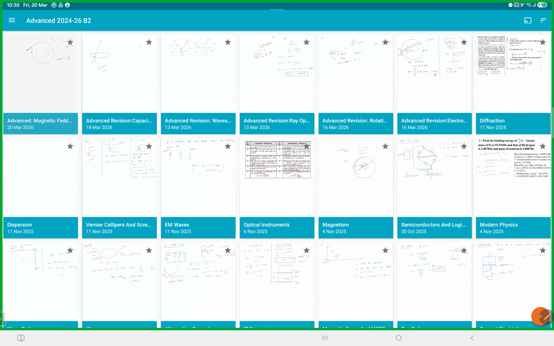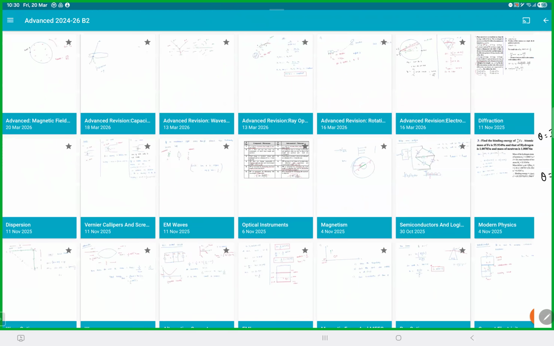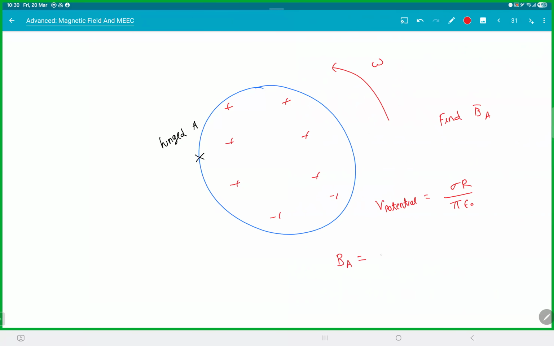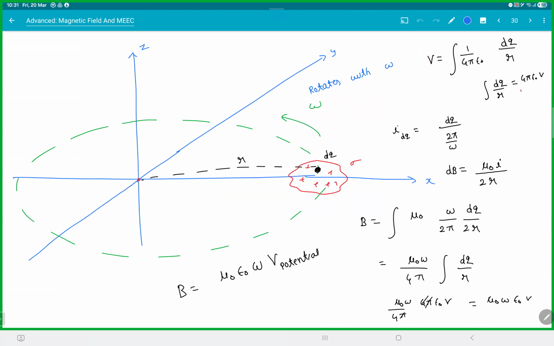That's what we did in electrostatics. So you should know this result. And then you will say the magnetic field at A will be mu naught epsilon omega this sigma r by pi epsilon. So then you can bring electrostatics and you can mix up with this. Clear with this? So idea is that you have to use that integral dq by r to figure it out.